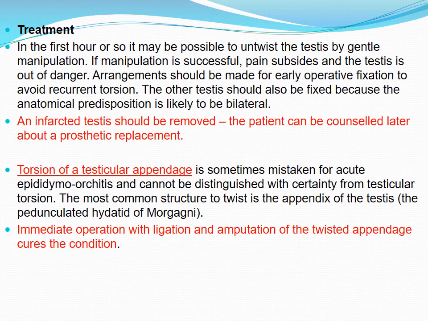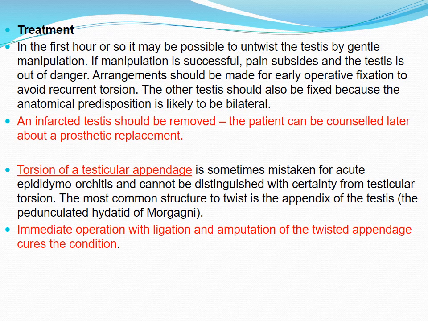As you know, if there is testicular torsion, we should bear in mind there is an anatomical predisposition for this condition. So we need to fix the other testis, because maybe the same abnormality is present in the other testis.